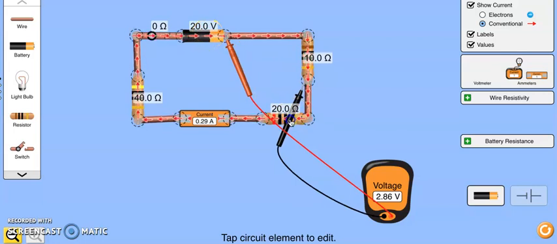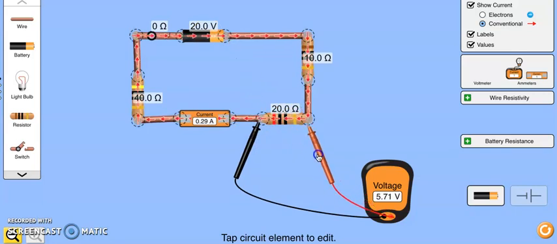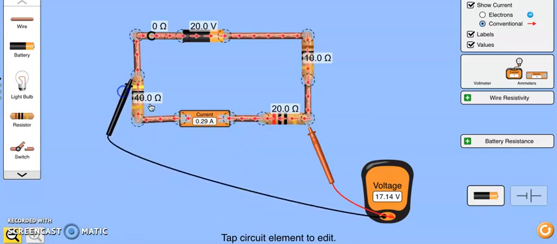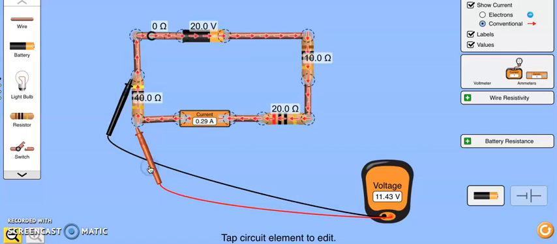And then if I move it between here and here, I see that this is a 5.71. So I got 2.86, 5.71, that's about 8.5. And if I put it across this resistor, I see that the drop is 11.5 roughly.